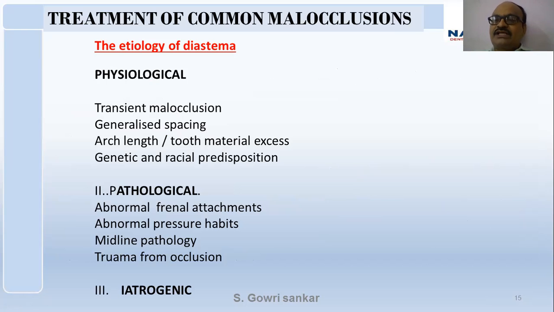If there is a mismatch between the size of the teeth and the size of the arch, if the size of the arch is more than the size of the teeth, or the size of the teeth is less compared to the size of the arch, then we have generalized spacing. The diastema is a part of generalized spacing.